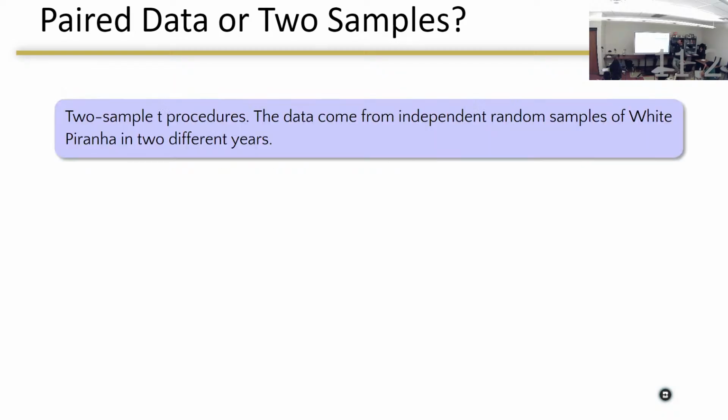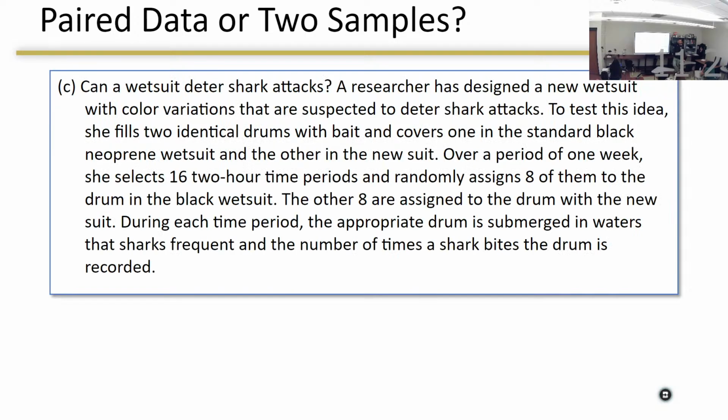Okay? Last one. This one's a little tougher. Can a wetsuit deter shark attacks? Researchers have designed a new wetsuit with color variations that are suspected to deter shark attacks. To test this idea, this is scary, she fills 2 identical drums with bait.